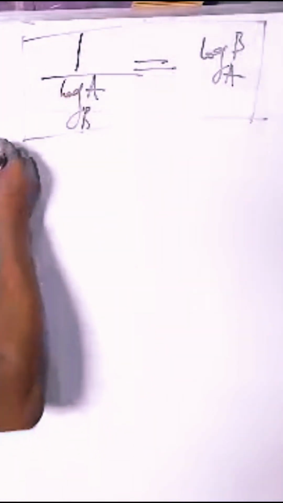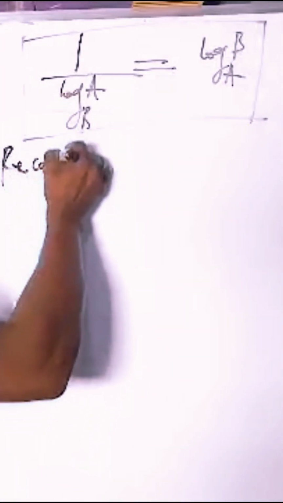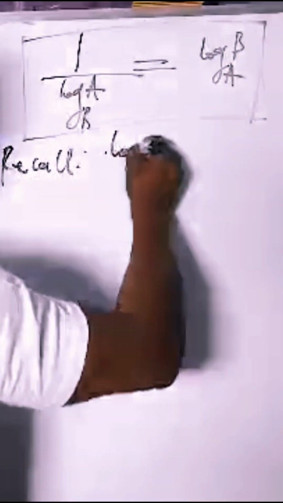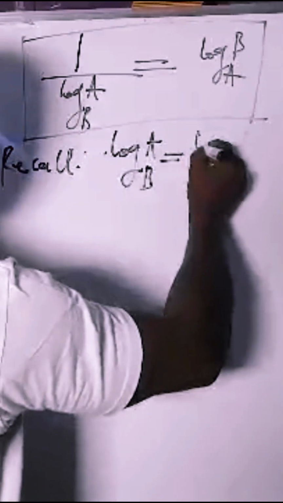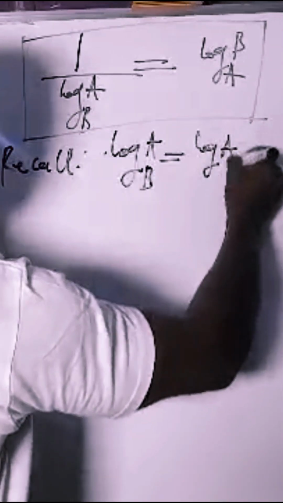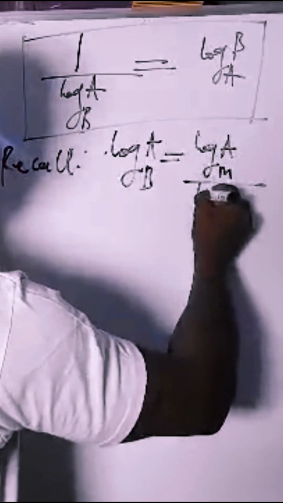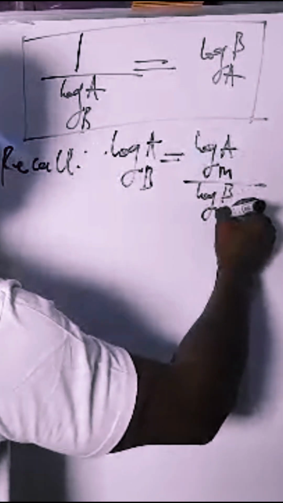Now we could prove that log a to base b, recall from the fourth law of logarithm, that log a to base b is as good as the log of a to a new base, say m, divided by the log of b to base m.